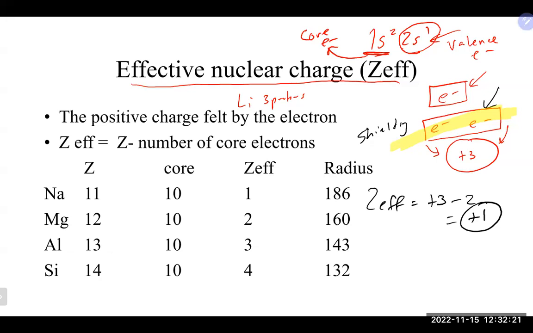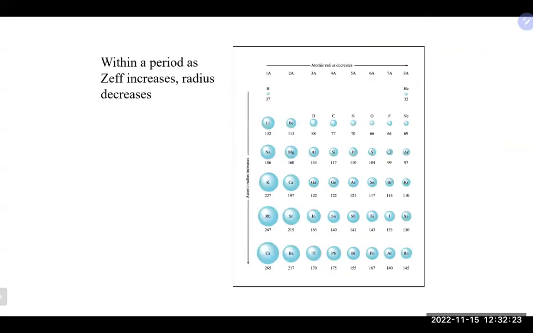That's because their outer electrons feel a stronger positive charge. It's also because as you go to the right on the periodic table you get bigger numbers, and bigger numbers mean more protons, which means the nucleus has a greater positive charge to begin with.